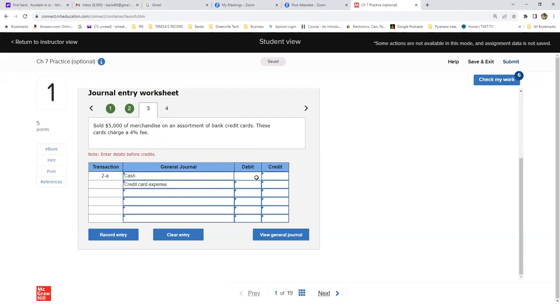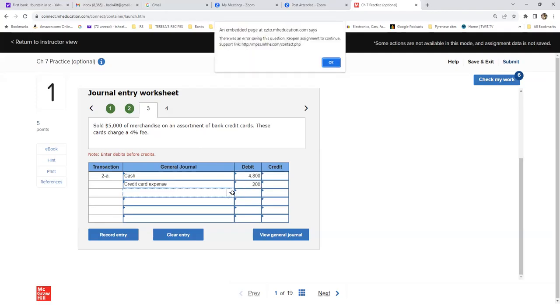Okay, so it will be $4,800 debit, $200 debit, and then finally sales, of course, $5,000.